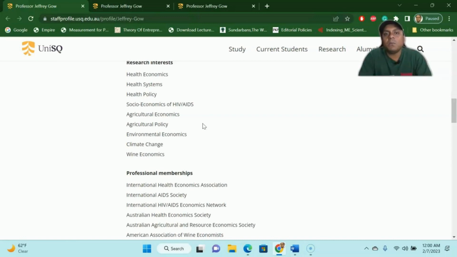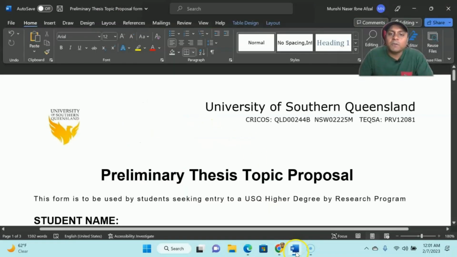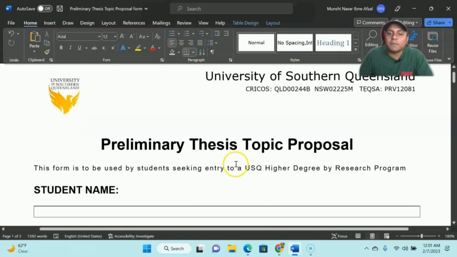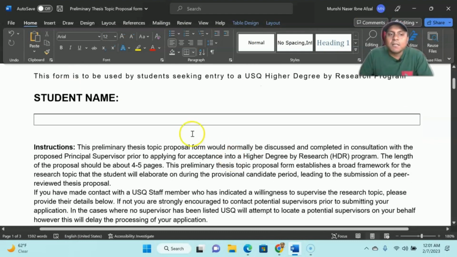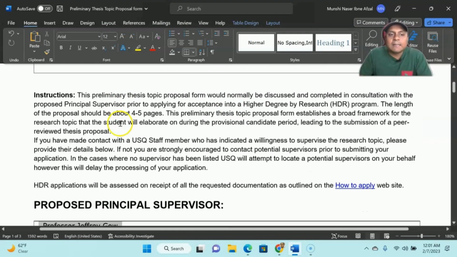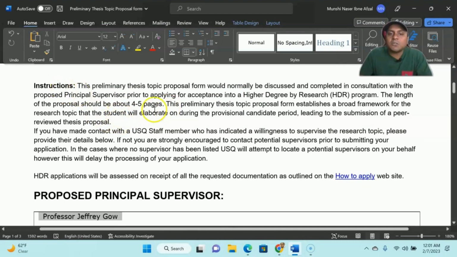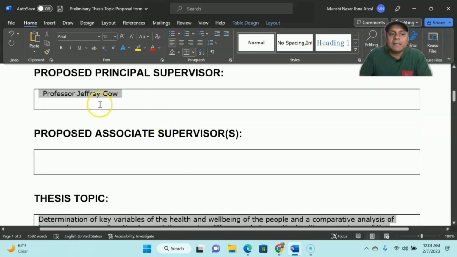My proposal will align with his interest if I am interested to work under his supervision, or even if I am interested to collaborate for my next publication. So in the proposal, this is a preliminary proposal from the university guided one. Here you put your name, then instruction, read the instruction, and then you put the proposed principal supervisor name.